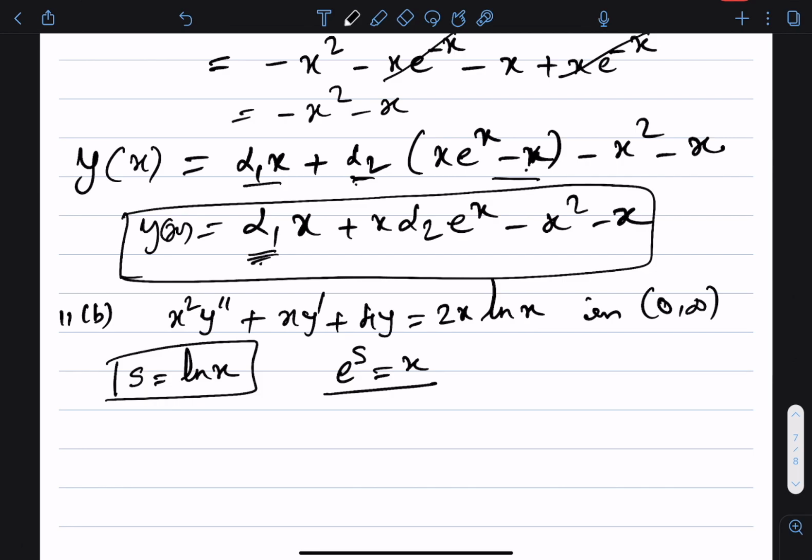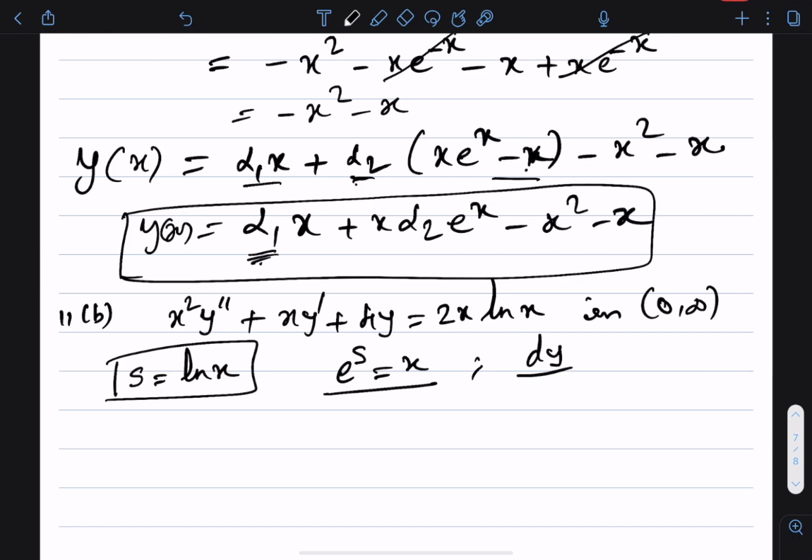So what is xy prime? We have to write y prime as dy by dx.